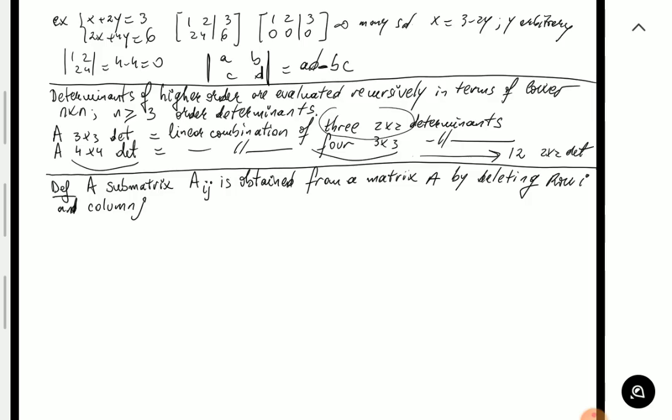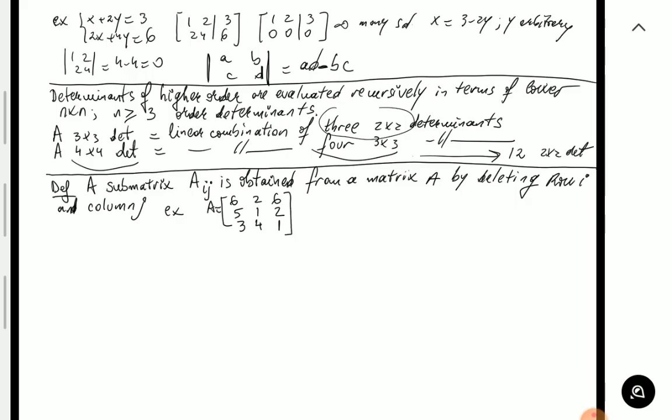Okay, so let's write a quick example. Let's say you have a matrix A given by the entries 6, 2, 6, 5, 1, 2, and then the last row, let's say 3, 4, 1.